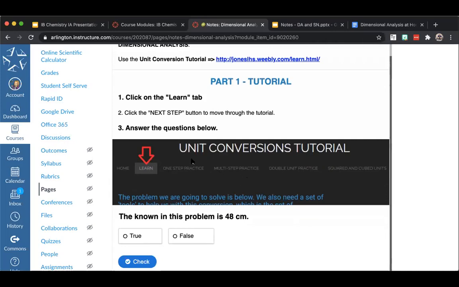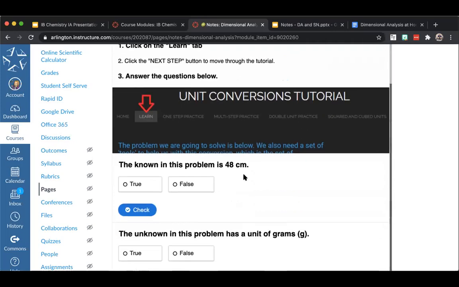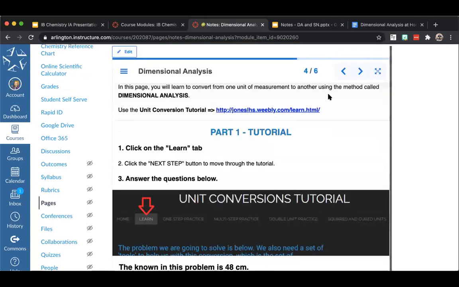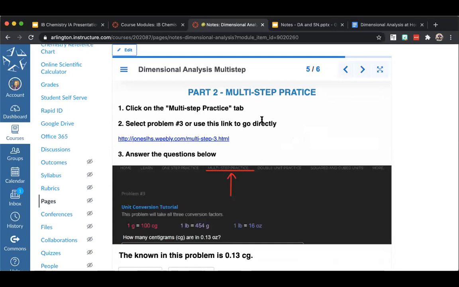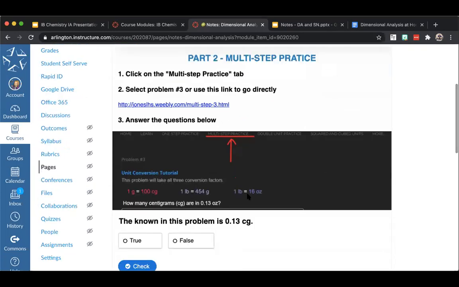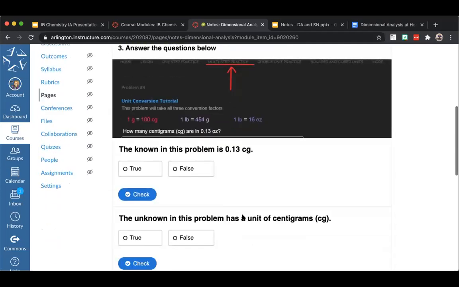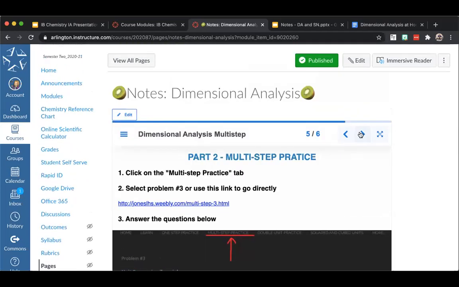But then after that, you can also do more one-step and multi-step practice on your own so that you get a better idea of it. The link is right here to go to it. And then it's going to have you go through the tutorial, and then here's the multi-step one where you can click and do some practice conversions that are multiple steps and things like that.